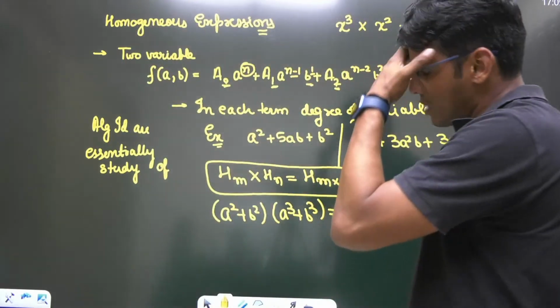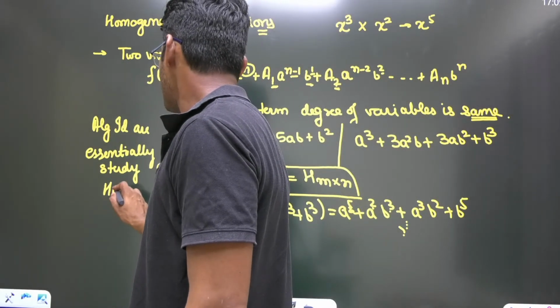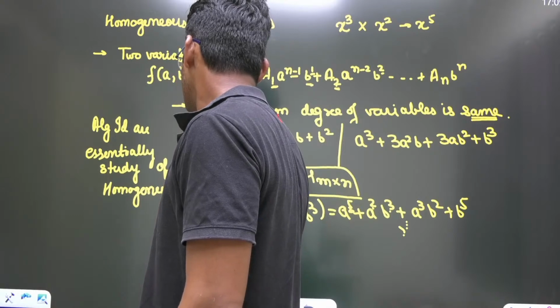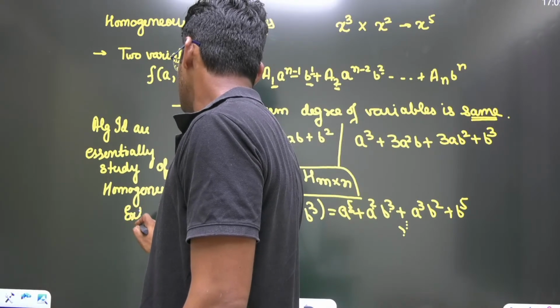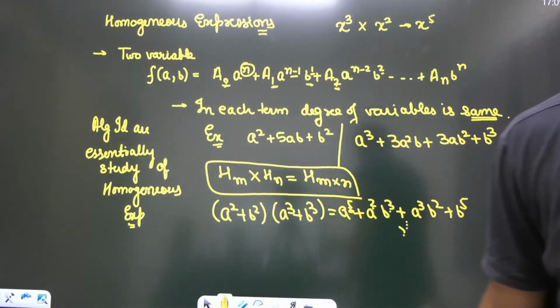Algebraic identity is essentially the study of homogeneous expressions. Got it?